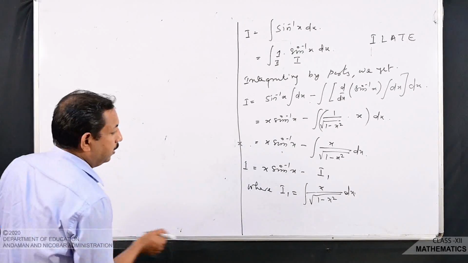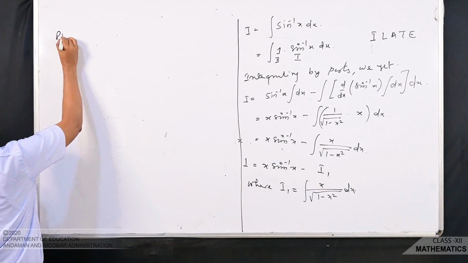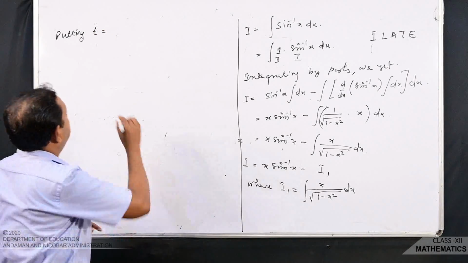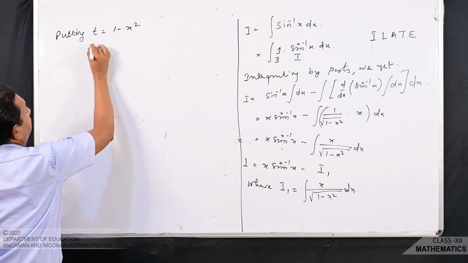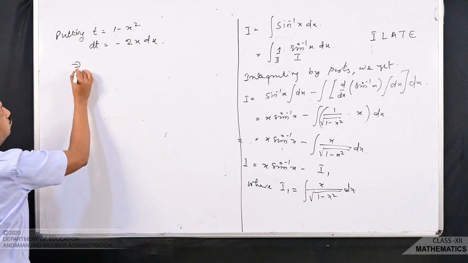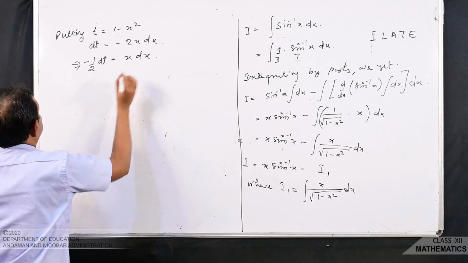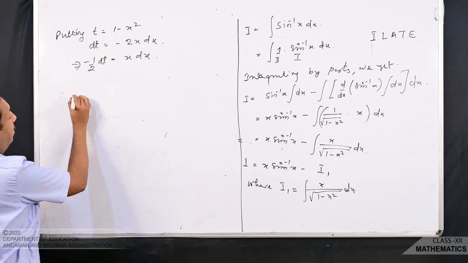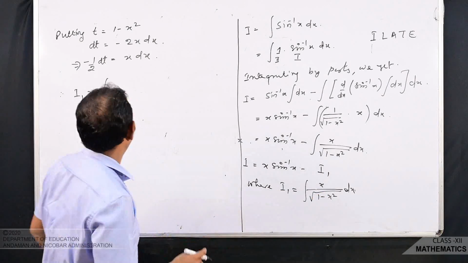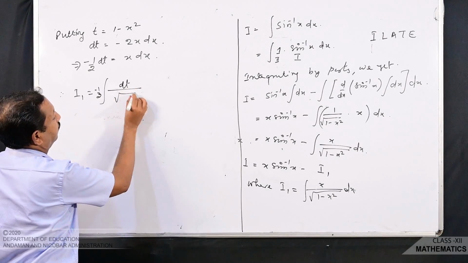Okay, now I do the integration of this I1, putting t equals 1 minus x square. Then dt will be minus 2x dx, so minus 1 by 2 dt is equal to x dx. Therefore, your I1 can be written as the integration of minus 1 by 2 dt upon under root of t.